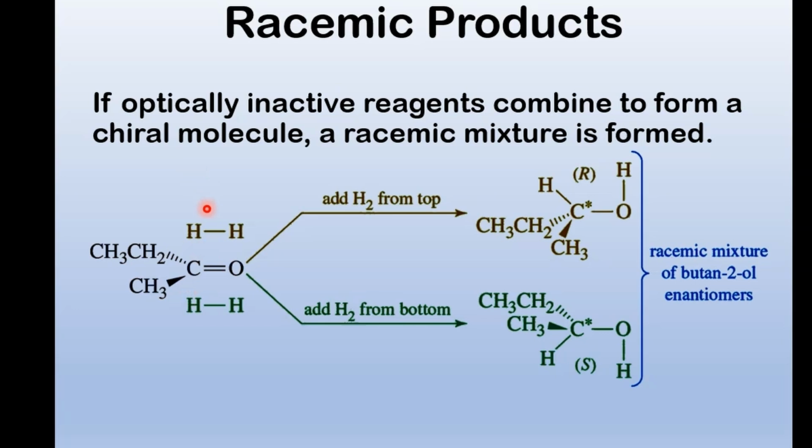So if the hydrogen adds to the top, we get this alcohol. This would be R-2-butanol. Makes sense to me. If it adds to the bottom, we would have S-2-butanol. So here is one way man goes into the lab and makes something, and he doesn't do as good a job as nature, because nature makes just one enantiomer.